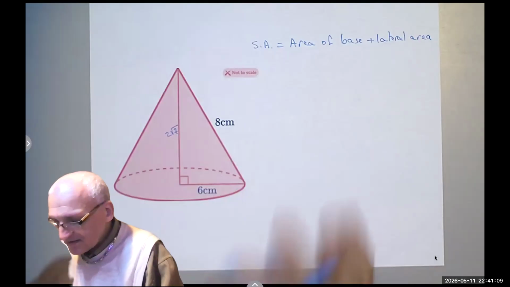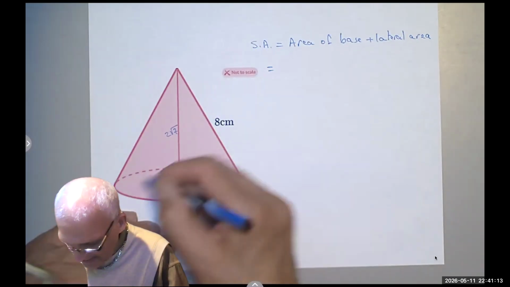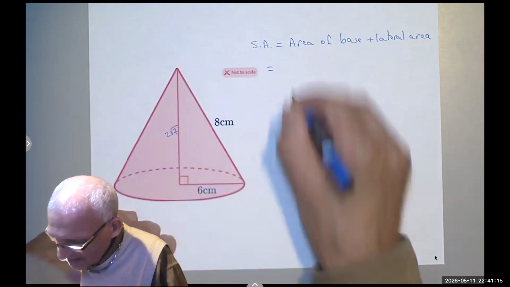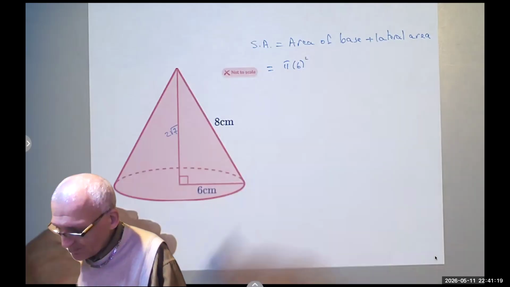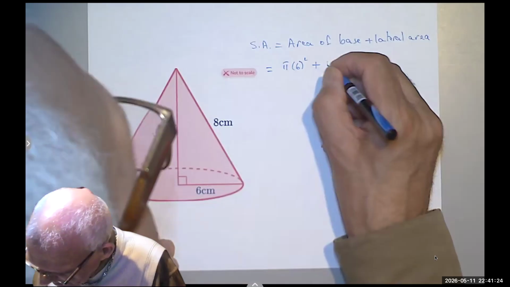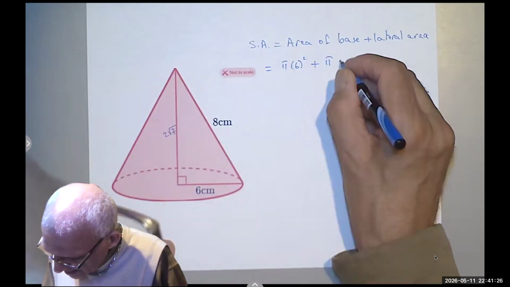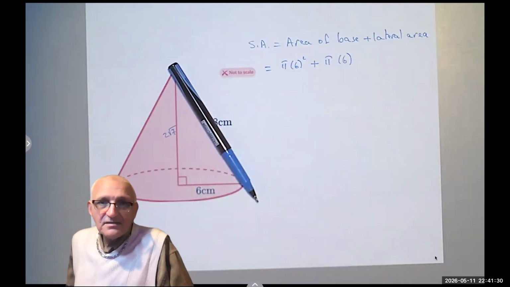No, here the area of the base is a circle with a radius of 6. So it's pi times r squared. The lateral area is pi r times the slanted length, 8.